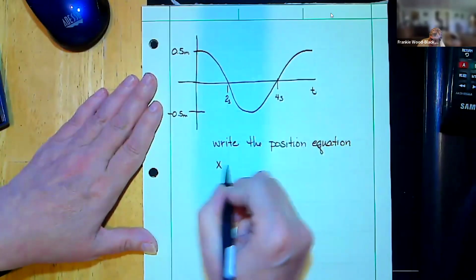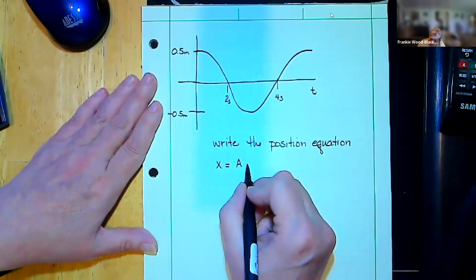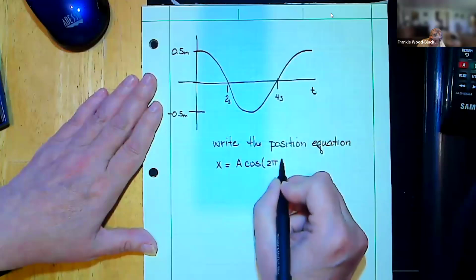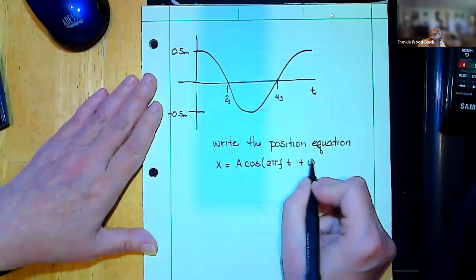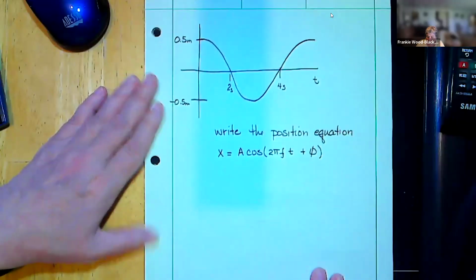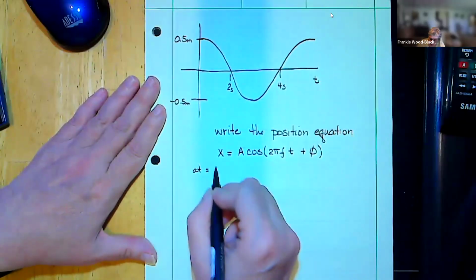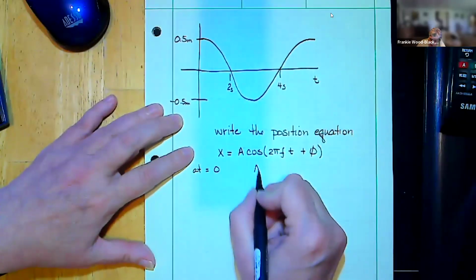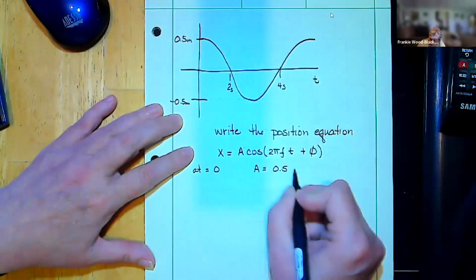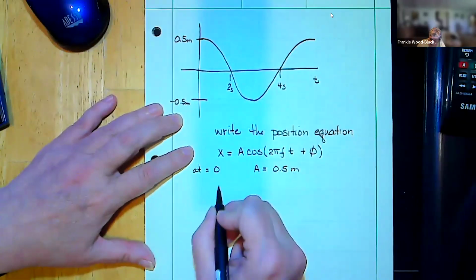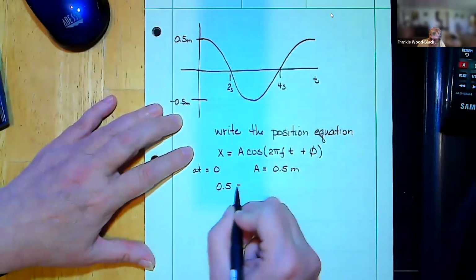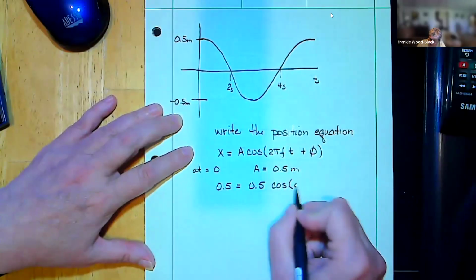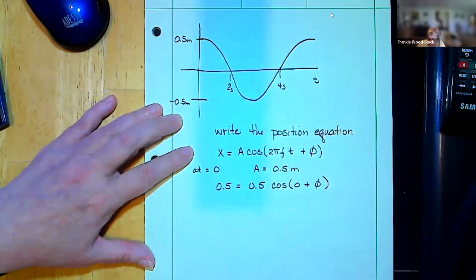Well, we know the position equation is x is equal to the amplitude cosine 2 pi times my frequency times time plus my phase angle. So at t equals 0, well, first of all, we know the amplitude is going to be 0.5 meters. So this is going to be 0.5 is equal to 0.5 cosine 0 plus my phase angle.